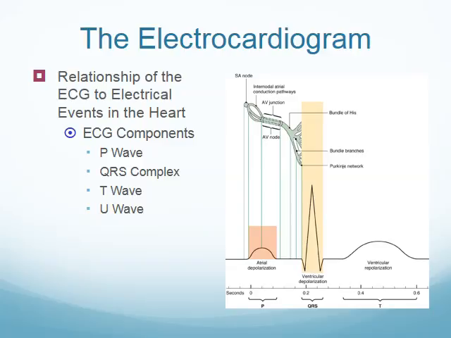Once the stimulus passes through the bundle of His, it very rapidly reaches down to the bundle branches and the Purkinje fibers, and we have a QRS complex, which is indicative of our ventricular depolarization. Remember that the ventricular depolarization is not indicative of ventricular contraction, rather just the electrical depolarization of the ventricles.